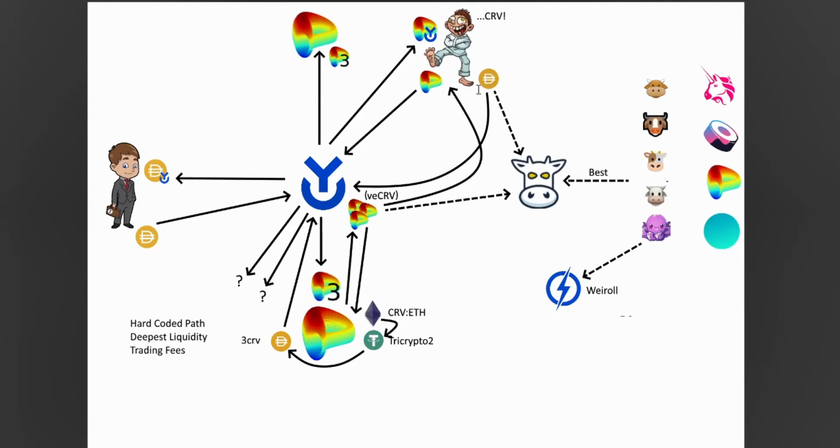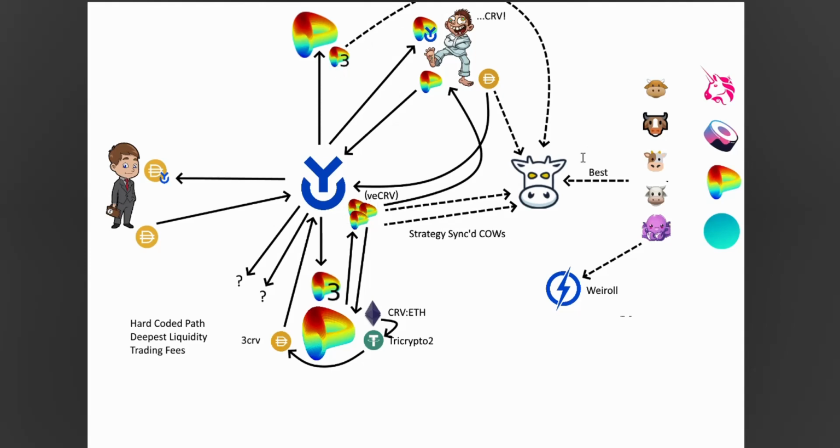So we have another coincidence of wants here, right? Instead of swapping and going through these swap pools, this strategy and this strategy have a coincidence of wants. There is DAI inside here, and there is CRV inside here. This one wants to compound and get more CRV, and this one wants more DAI.